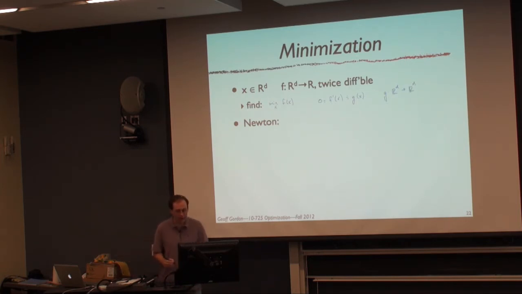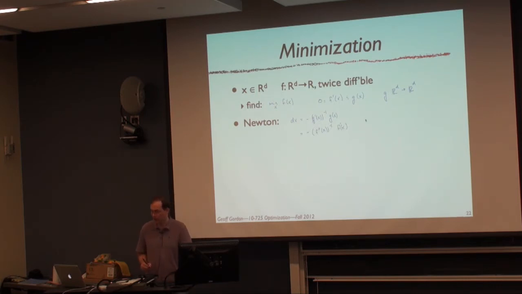And so now Newton's method for solving g equals 0, well, it just says that the change in x is equal to minus g prime of x, which is a matrix, invert that, times g of x. Or if we write it in terms of f, this is minus f double prime of x inverse times f prime of x, right?